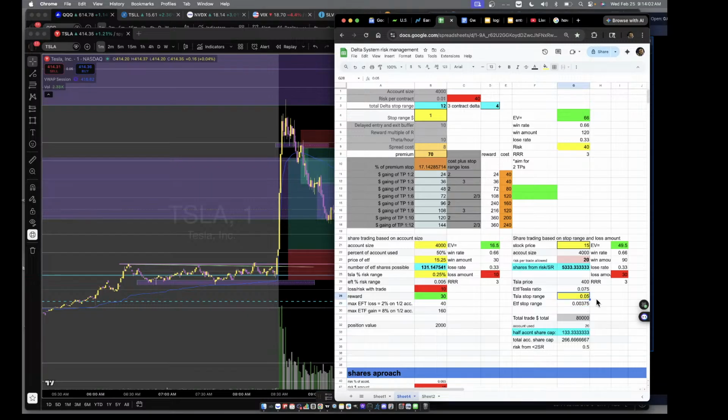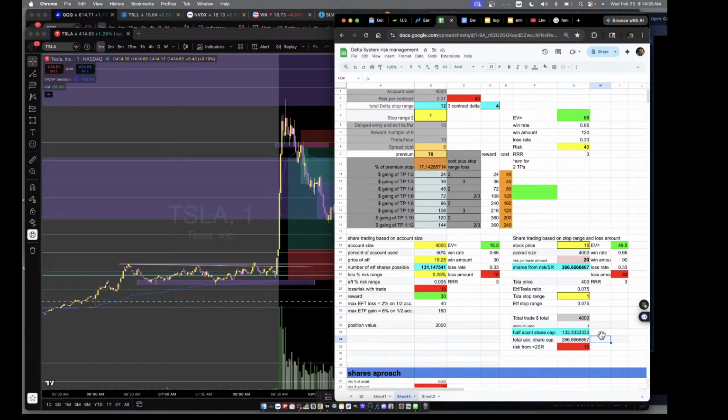Now, suppose it's $1. Okay, see, I only lose, yeah, okay, there we go. It's telling me to trade 266, but I can only trade 133, which is half, so I only lose 10. But my risk will always be capped at 20 or less. So $1 stop range only makes me lose $10.